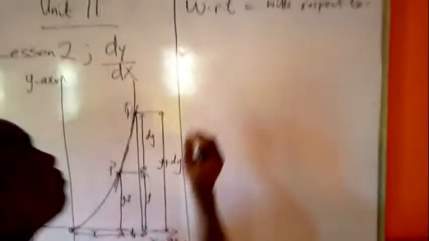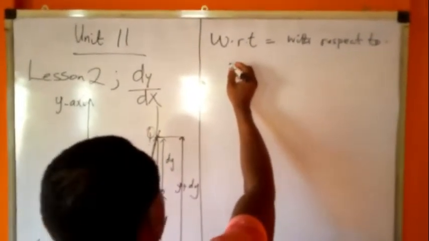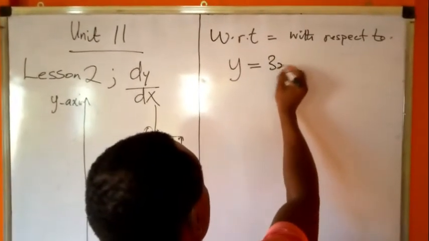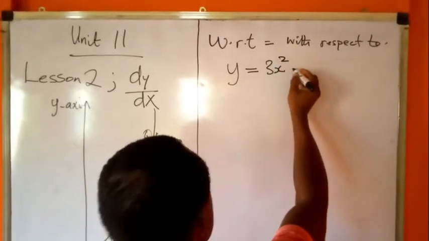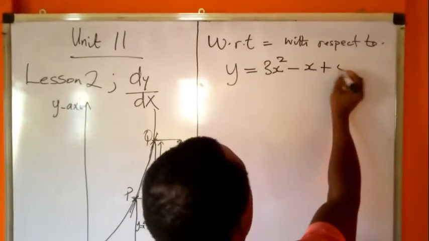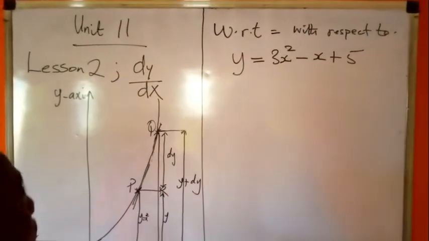So we will now write the equation: y is equal to 3x squared minus x plus 5. That is the equation. So what do we do?